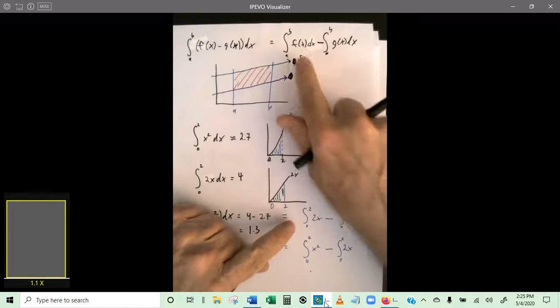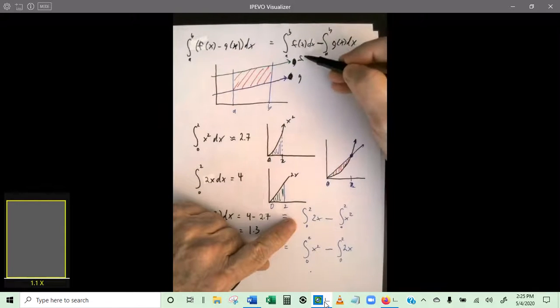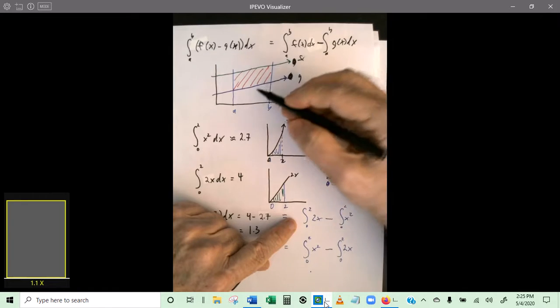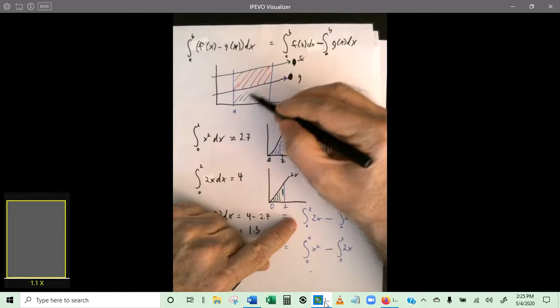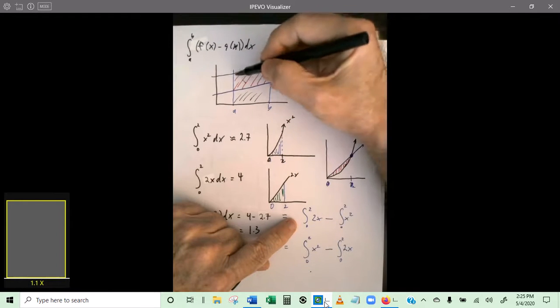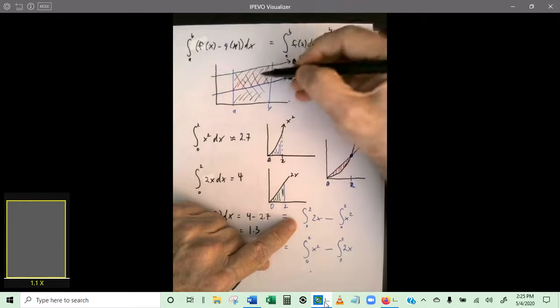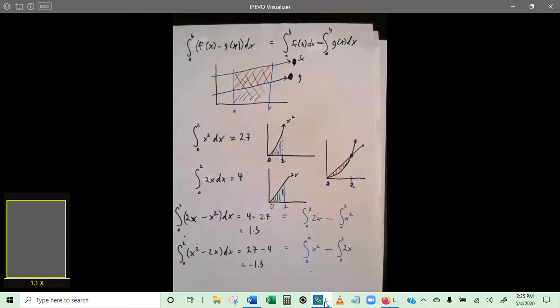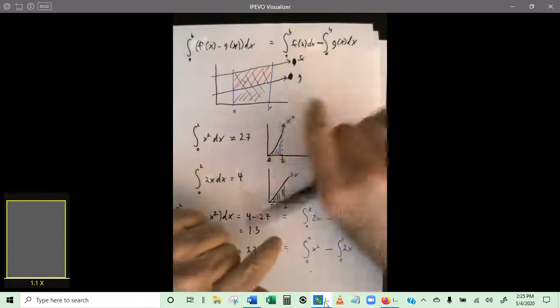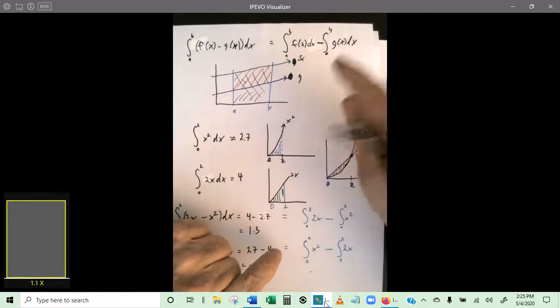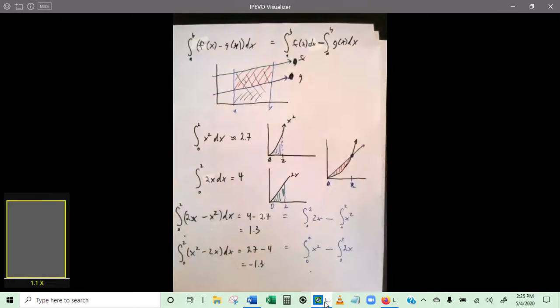If we integrate f minus g, where this is f and this is g, then it's essentially going to be the g area here minus the f area here, which gives us the area between. That turns out to be a useful operation. Now, if I had it flipped around, g minus f, we could still do that, but the area would come out to be negative. That would be a negative area.